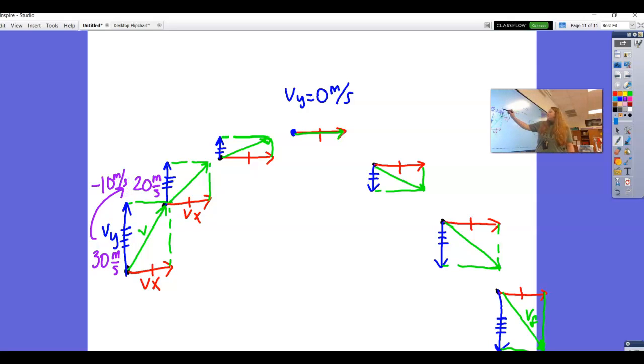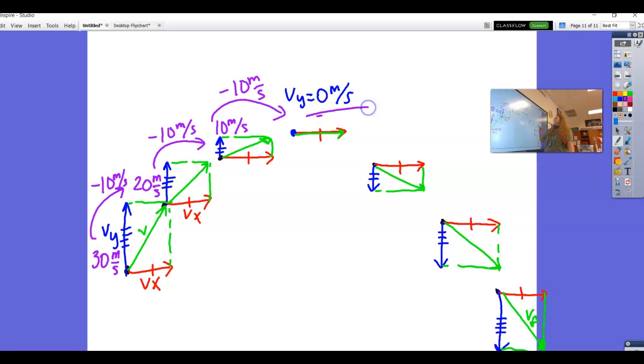Okay. Now, if we lose another 10 meters per second, my vertical velocity is now 10 meters per second. And if we lose another 10 meters per second, I reach 0. Okay, so my vertical velocity is 0. I'm only labeling the blue arrows, my vertical speed.